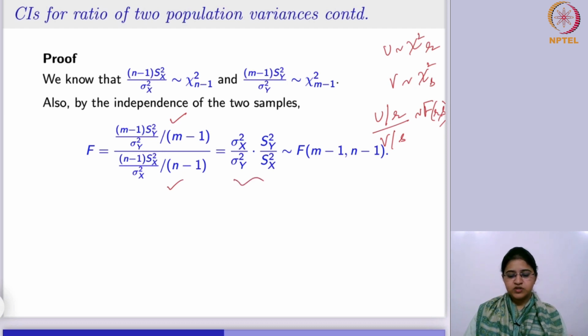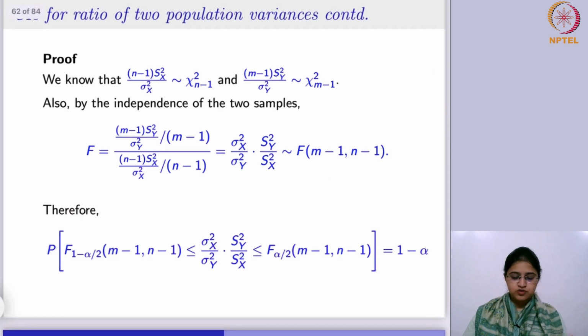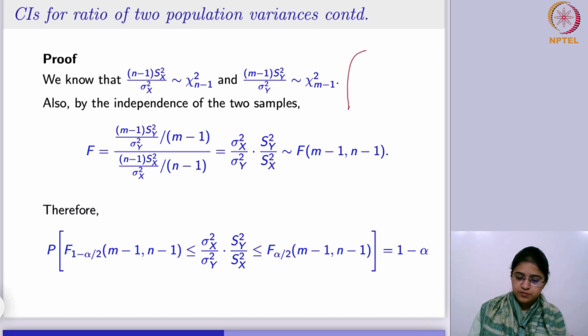What we will be left with is this, and we know that we are not exactly doing a transformation here, we are dividing just by the respective degrees of freedom. So it would follow F distribution with m minus 1 and n minus 1 degrees of freedom. Now we know how the F distribution looks, because in this case it is not a symmetric one, but it is somewhat skewed.